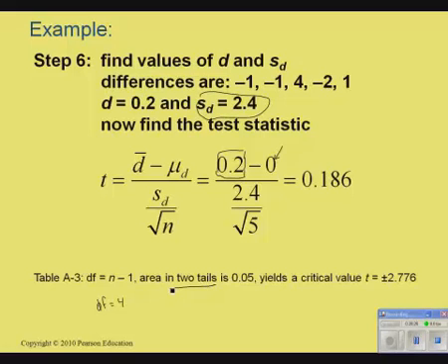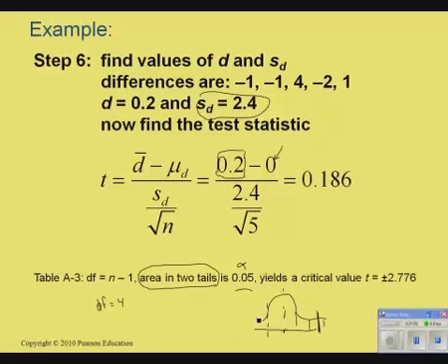Why do I want area in 2 tails? Well, that's what you're going to use because it's going to be t alpha over 2. Okay. So 0.05. That was alpha. And they say the critical values are t is plus or minus 2.776. Okay? So picture-wise, I have a distribution, and I am 2.776 away from the mean. So here's 1, 2, almost 3.